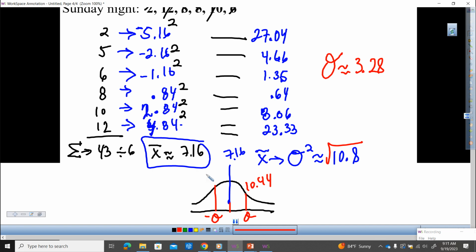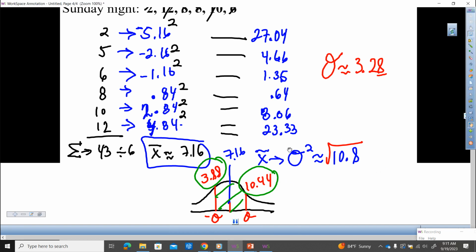That gives us 3.88. Yep. Okay. And that's our normal range. So normal range is from 3.88 all the way to 10.44. Now, what does that mean?